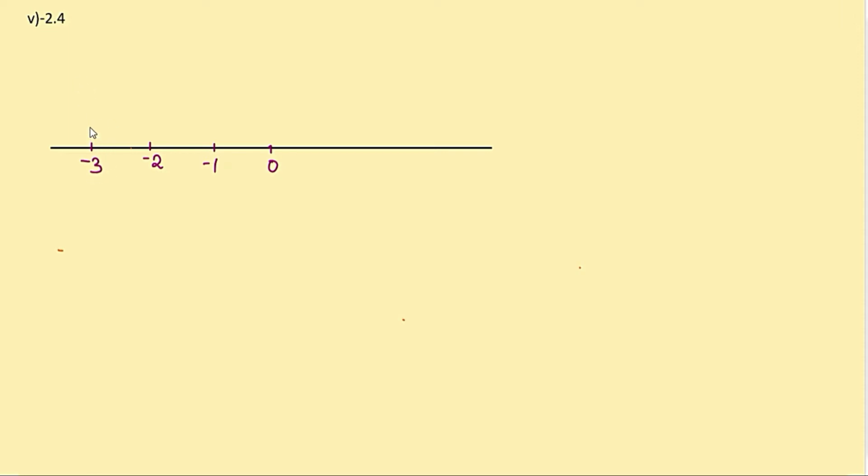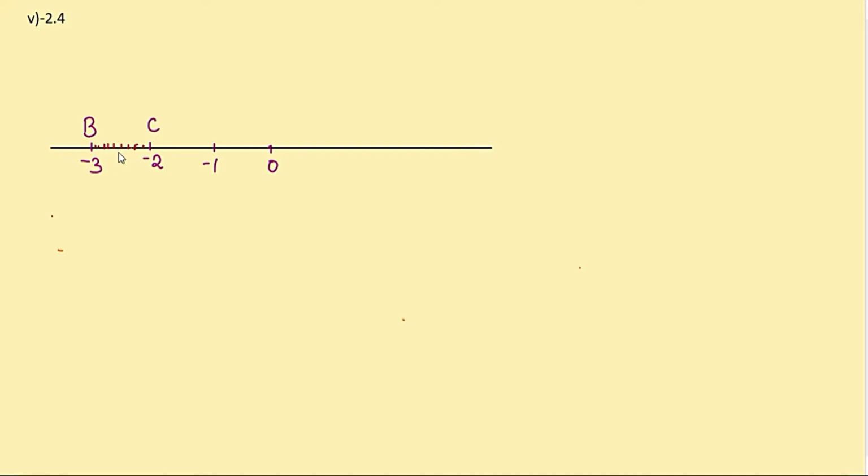So let's mark it as B and this as C. Okay. So here also from -2 to -3, we will be dividing it into 10 equal parts. So 10 equal parts, that is 1, 2, 3, 4, 5, 6, 7, 8, 9.